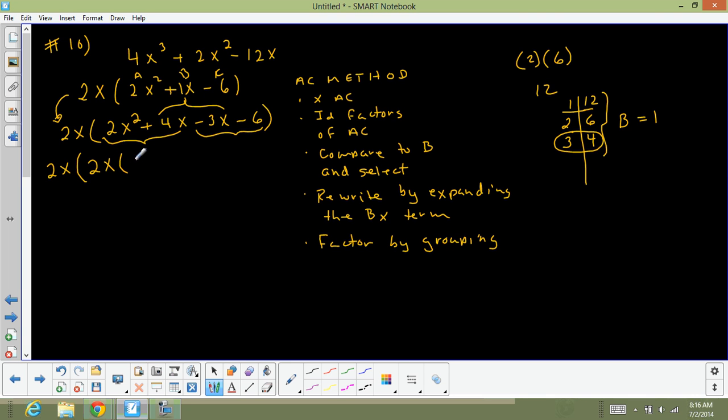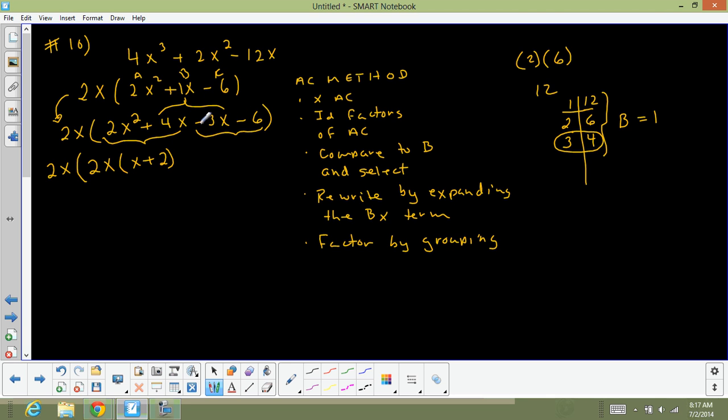And that leaves me with an x plus 2. So that first pairing, they're both obviously multiples of 2, and they both share an x. So I divide out of each term a 2x, and 2x squared divided by 2x leaves you with 1x. And 4x divided by 2x gives you just a 2.